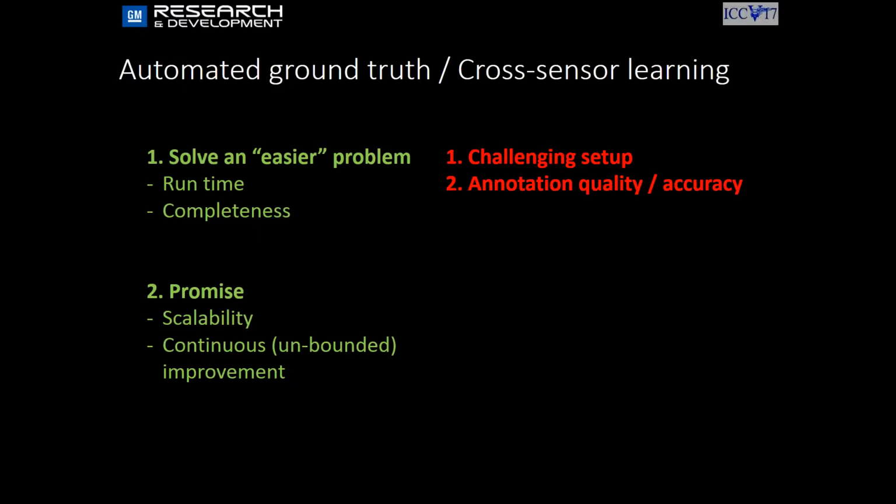And theoretically, you can get continuous unbounded improvement of your network. The difficulties are that first, it's a challenging setup to have all the sensors together, synchronized and seeing the same area of the scene. And of course, the annotation quality and accuracy are not guaranteed, as they are many times for good manual labeling.